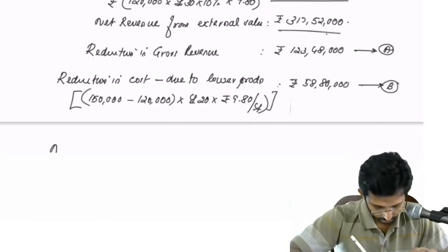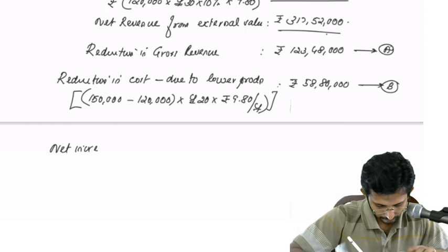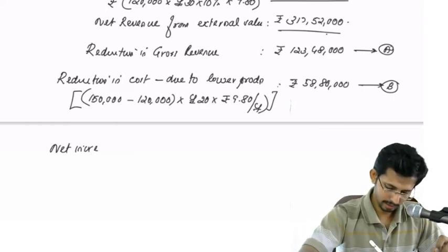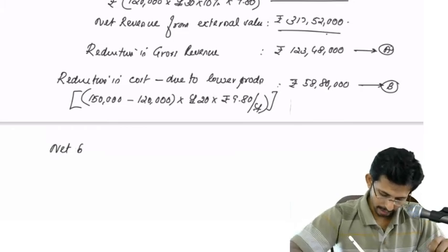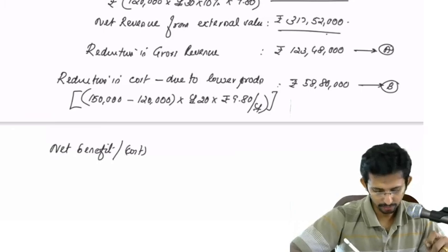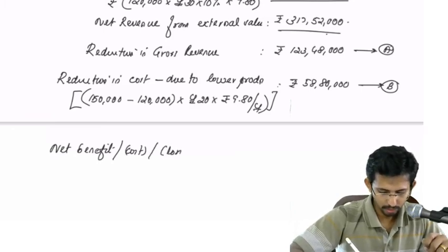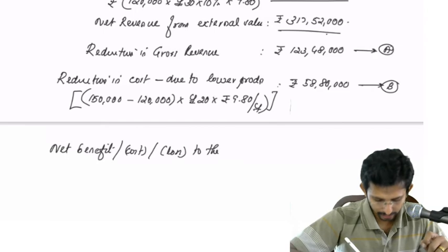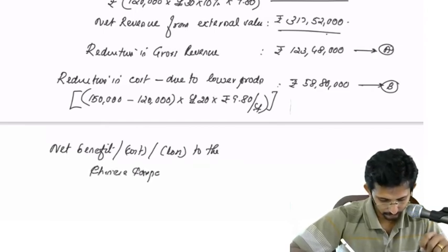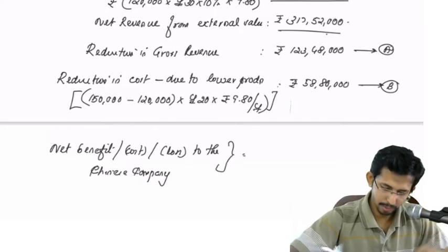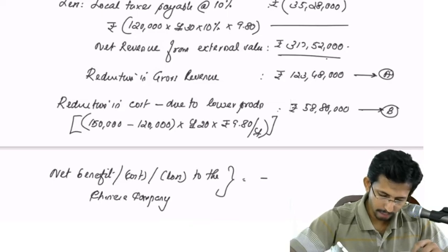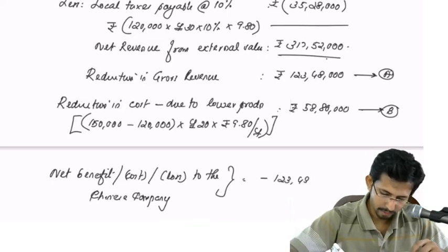Therefore, net benefit or cost or loss to the Chinese company. Okay, how do you do that? Fall in gross revenue is 1,23,48,000.